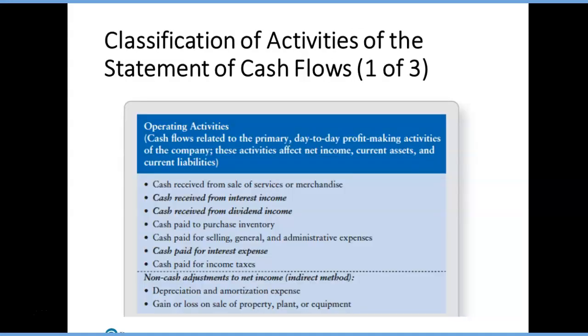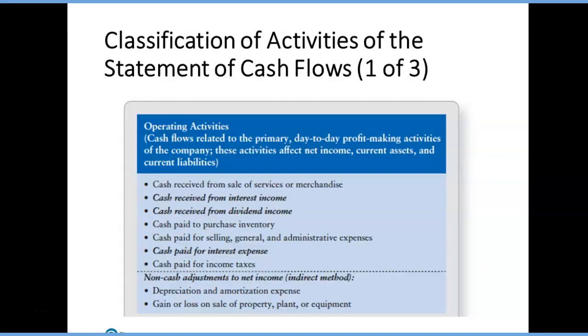So when we talk about operating activities, we talk about day-to-day transactions that have everything to do with profit, how we generate profit, whether we have a loss or not. That's not really the point, but the main point is if it's generating profit, we want to consider it. And in this case, it looks to me like this is going to be the direct method because it's categorizing these different activities. You'll see a difference when you look at the indirect method.